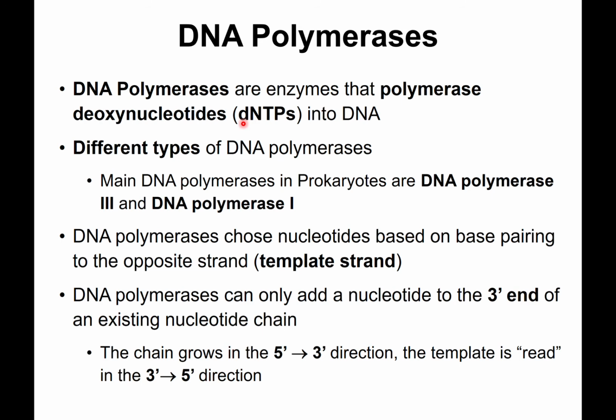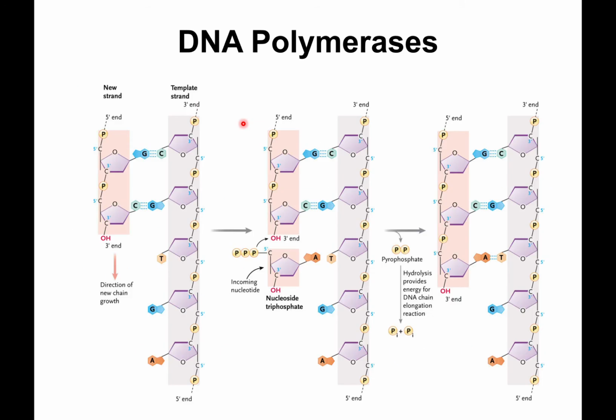And then it does that by adding the nucleotide to the 3' hydroxyl group of the growing strand. Do you remember? As I mentioned, when we were talking about DNA structure, I was telling you the direction, the 5' to 3', 3' to 5'. By adding the next nucleotide to the 3', the new strand of DNA grows in the 5' to 3' orientation. You can see it better in this picture.